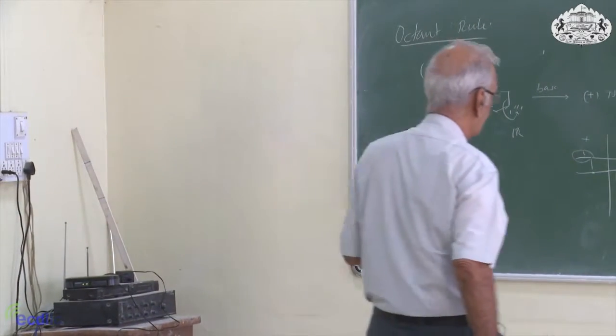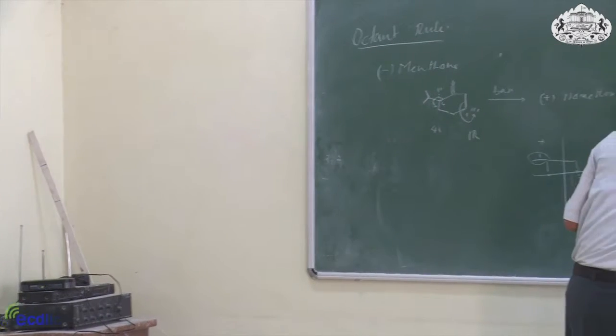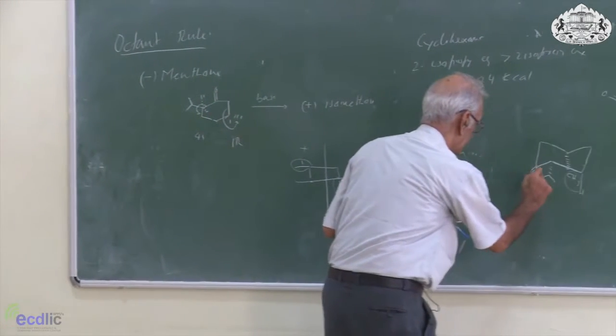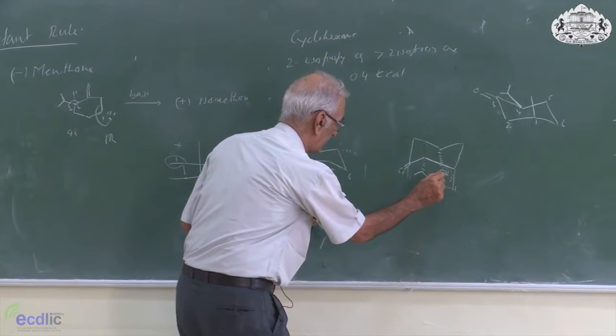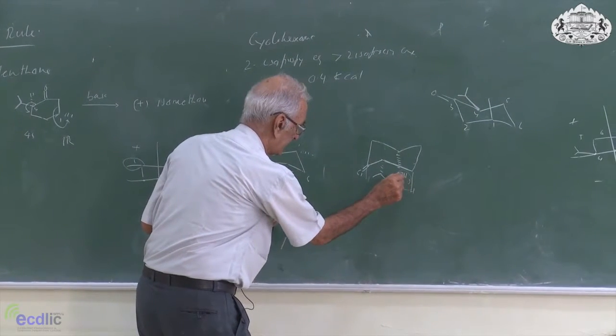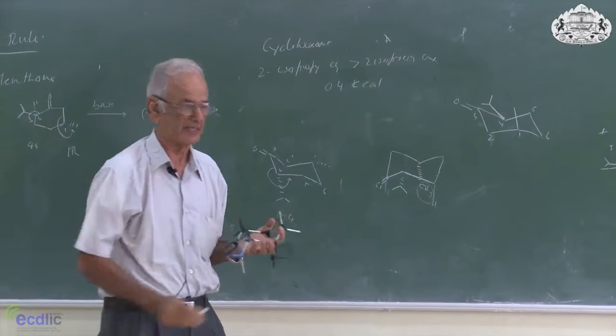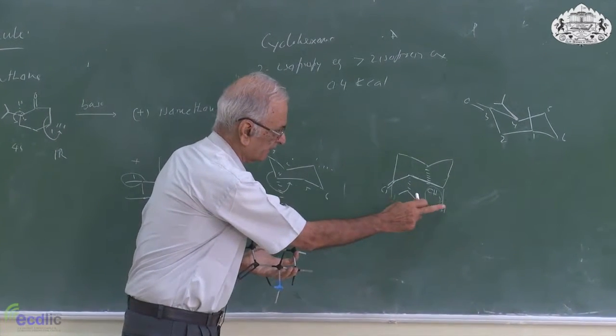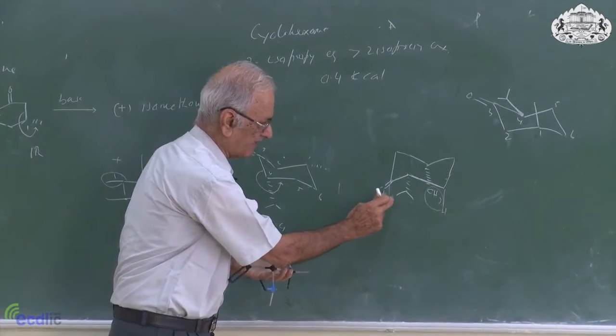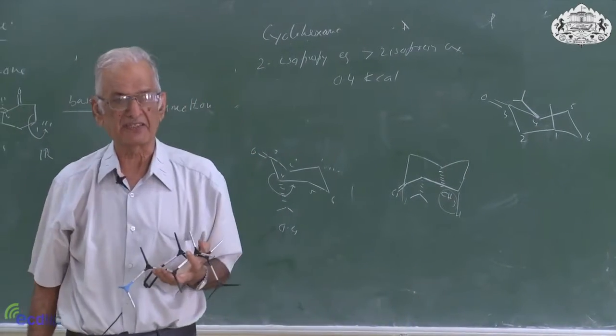But look at something. In a cyclohexane, what would happen? This methyl would have interaction with this hydrogen, it would have interaction with this hydrogen. But in a ketone, it has only a large interaction with this, a very small interaction here.